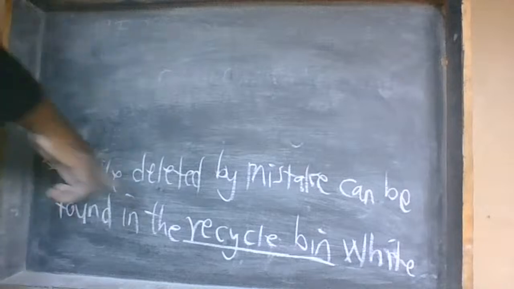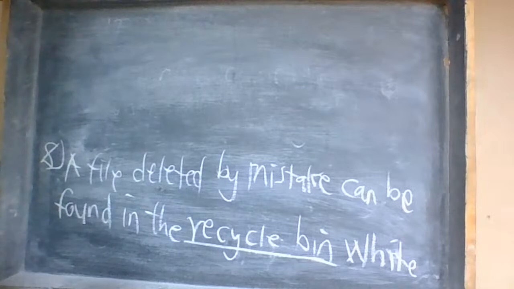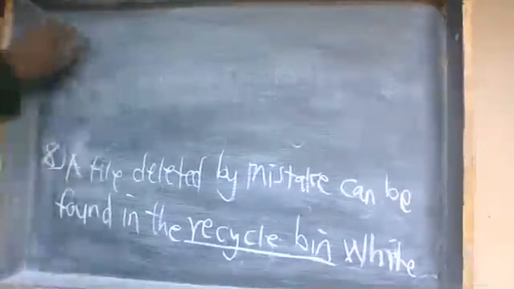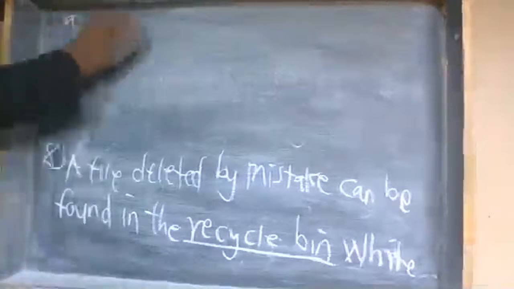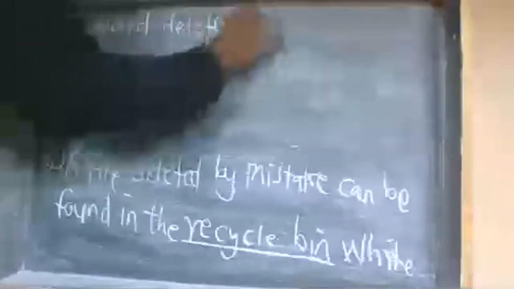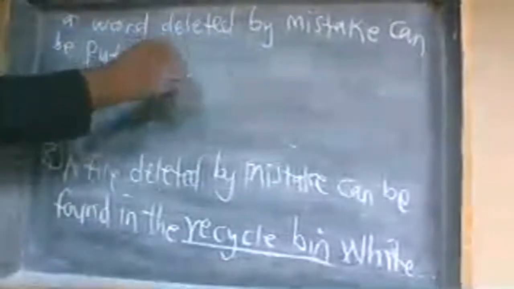So a file deleted by mistake can be found in the recycle bin, while a word deleted by mistake can be put back by dash button.